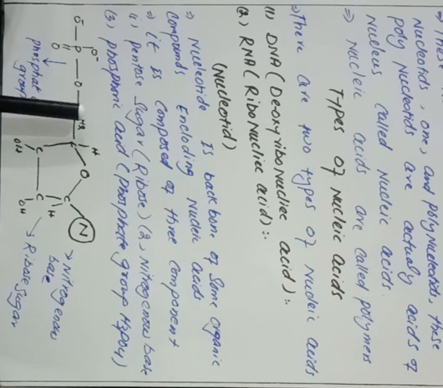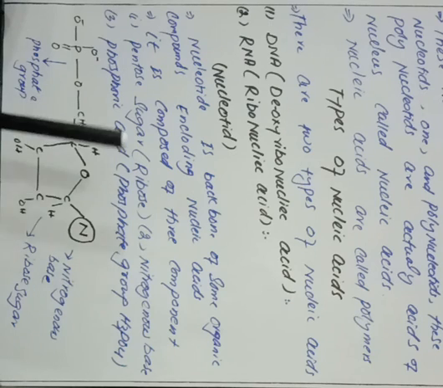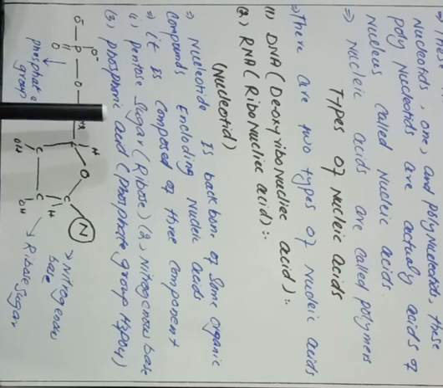If they are combined in two, that is dinucleotide, they will give rise to other compounds. If it is a mononucleotide, then it will be a component of any other organic compound. So this is all about nucleic acid and nucleotide, which we discussed here.